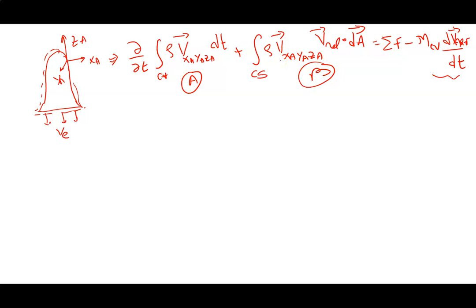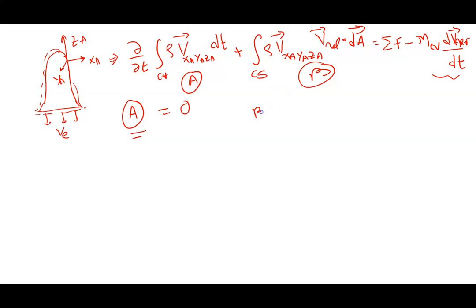On the left hand side, in this new reference frame, it is reasonable to assume term A is equal to 0. If I'm viewing this from a reference frame moving with the rocket, remember my reference frame is now attached to the rocket, really there's no change in momentum, and so that's why this term is equal to 0.